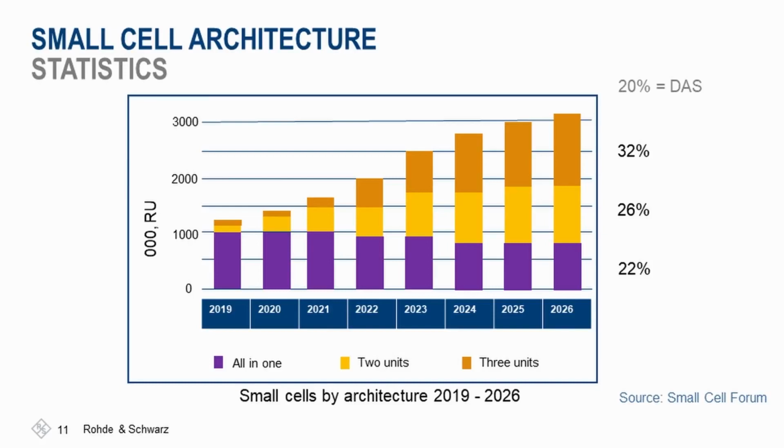By 2026 you will see a slight decline in the integrated small cells, and by then you can see the percentage of the different variants: 22% integrated small cells, 26% of the 2-unit small cells, and 32% of the 3-unit architecture, right? And the remaining is the distributed antenna system, the DAS.